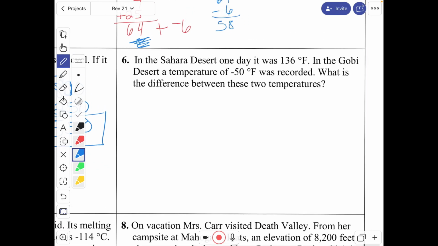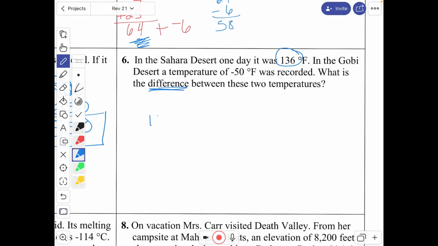Number 6. In the Sahara Desert one day, it was 136 degrees Fahrenheit. In the Gobi Desert, a temperature of negative 50 degrees was recorded. What is the difference between these two temperatures? It would probably help if you remember that we put the biggest number first when we're trying to find subtraction.